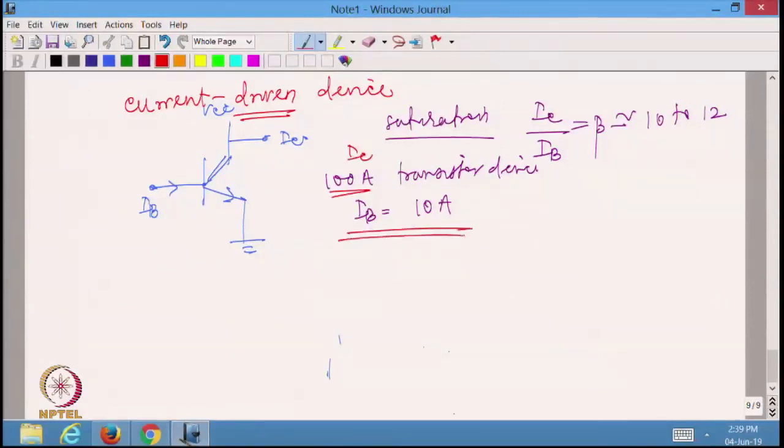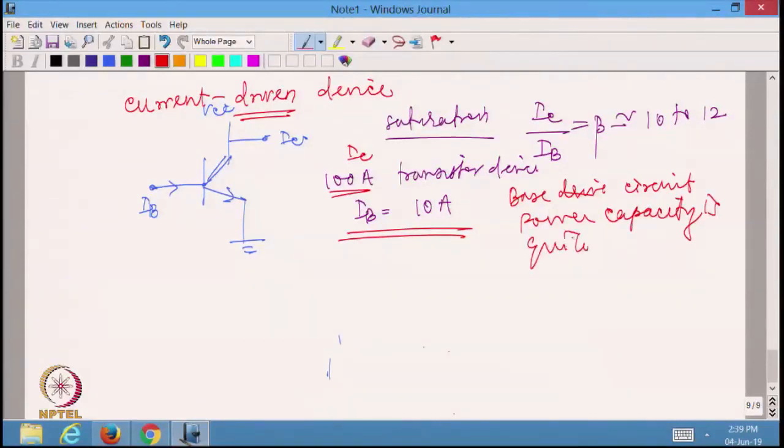So, IB has to be 10 ampere, because of which the base drive circuit power capacity is quite high. If this is quite high, I am going to definitely have a design that is not simple. This is one of the major problems of this transistor.